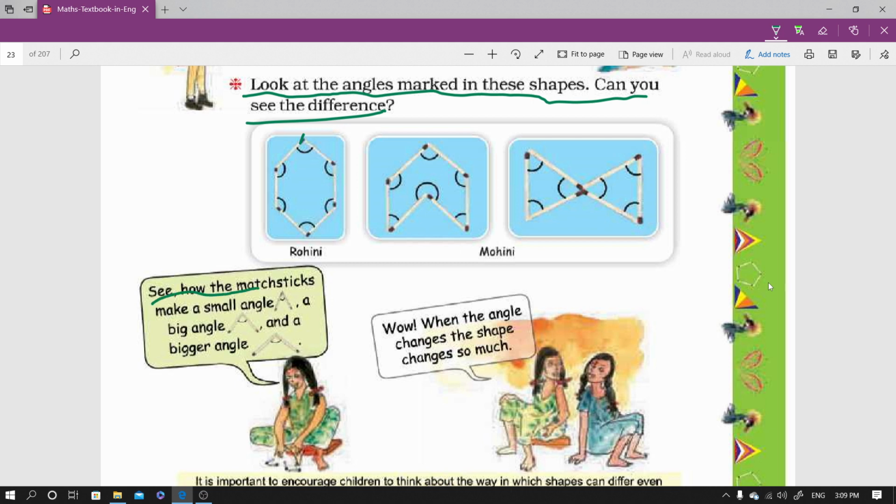See how the matchsticks make a small angle, a big angle, and a bigger angle. Whoa, wow! When the angle changes, the shape changes so much.